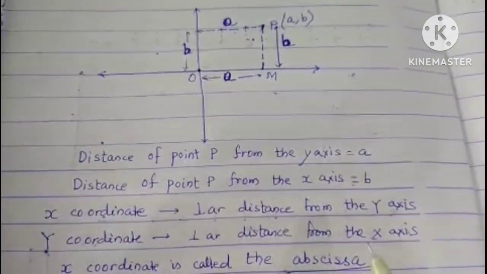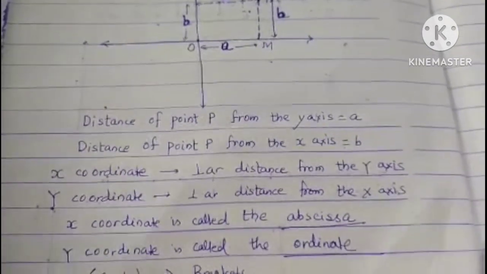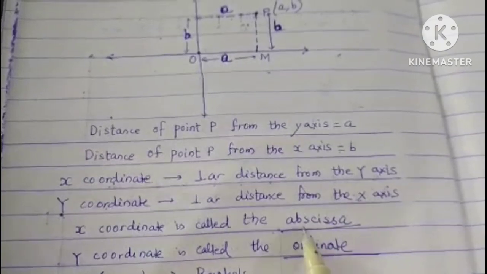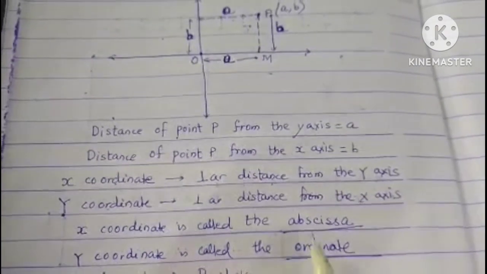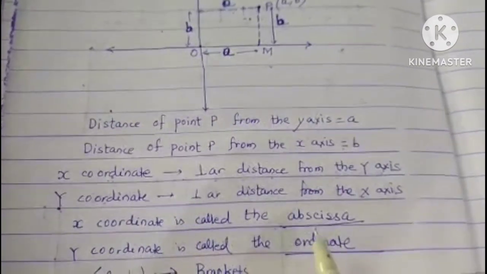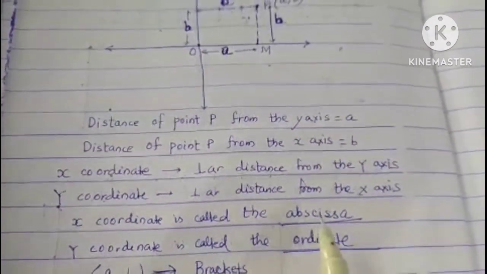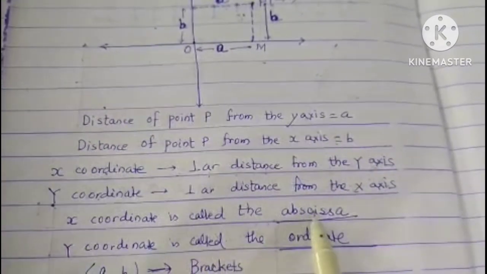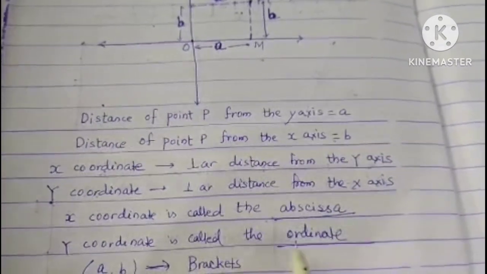So that is B, and the x coordinate is called the abscissa. These are the two new terms introduced in this chapter, and they will be followed later on in higher classes also. So you have to remember these two terms. X coordinate is called the abscissa, and y coordinate is called the ordinate.